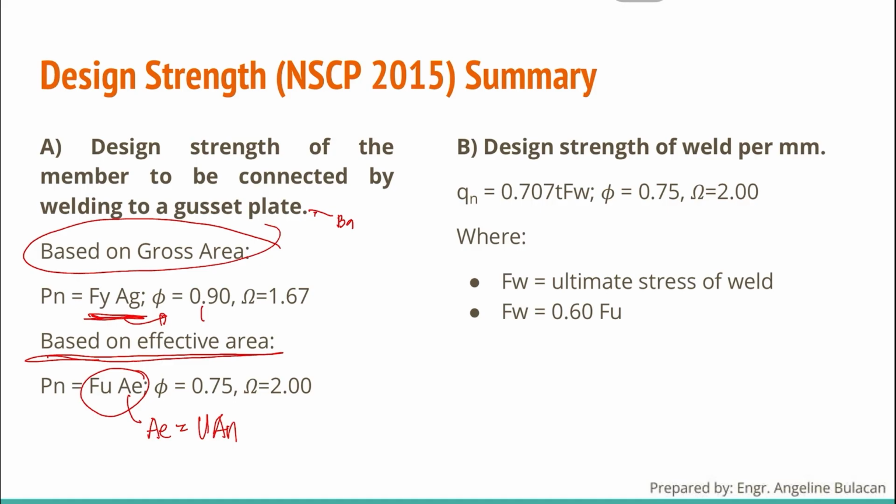Then, the next design strength is based on the weld per mm. We use this variable Qn to represent the weld per mm.